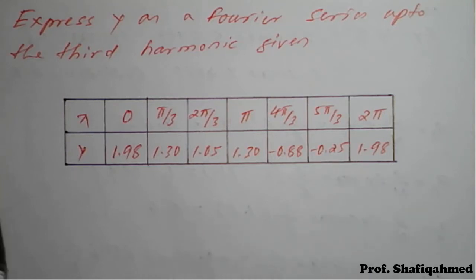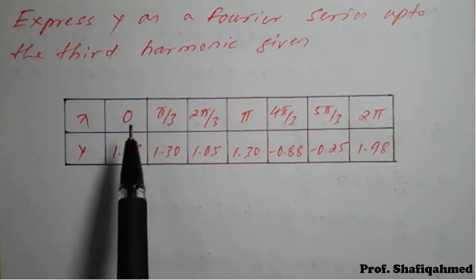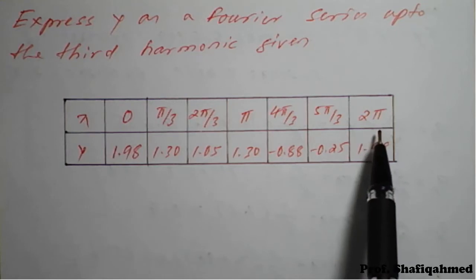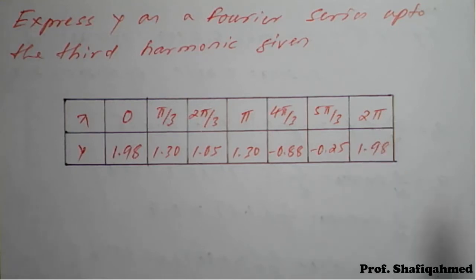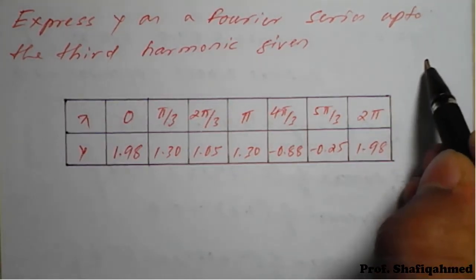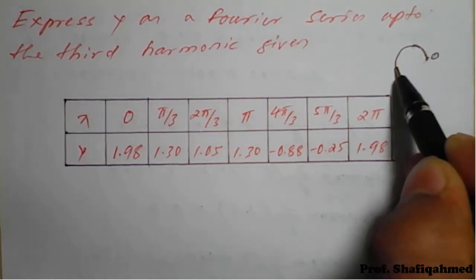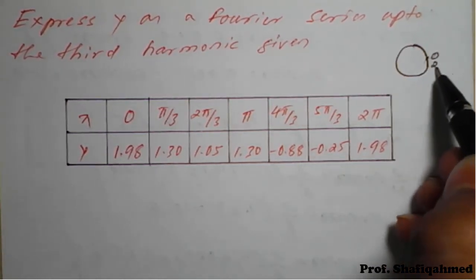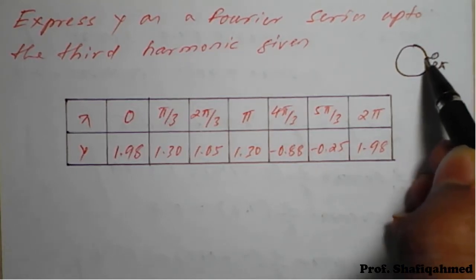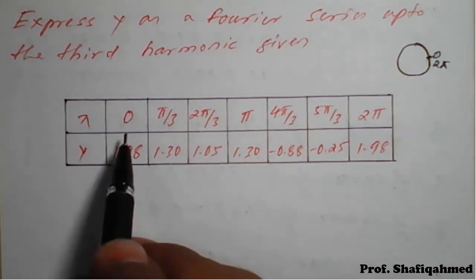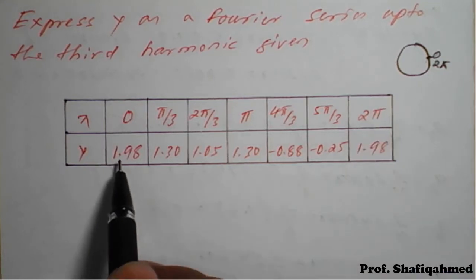You can see here the values at 0 and 2 pi. If you draw a circle, it will start with 0 degrees and end with 2 pi. So the value at 0 and the value at 2 pi are both the same.